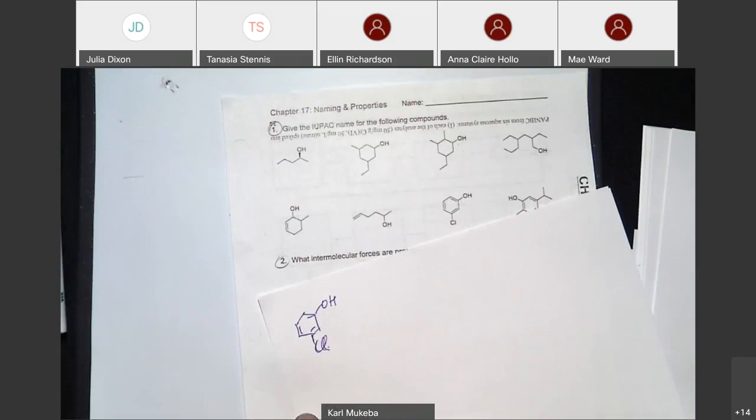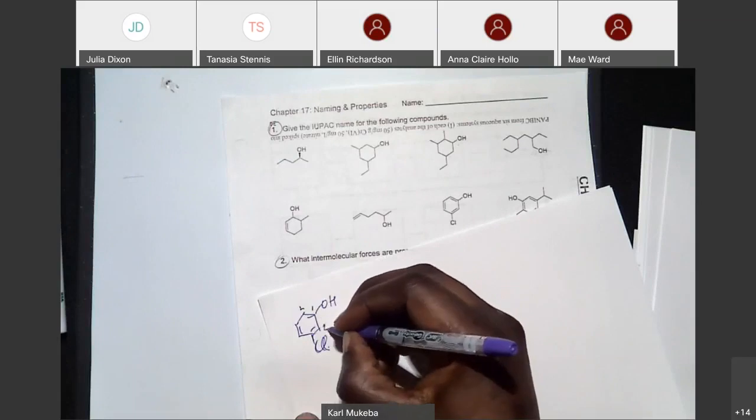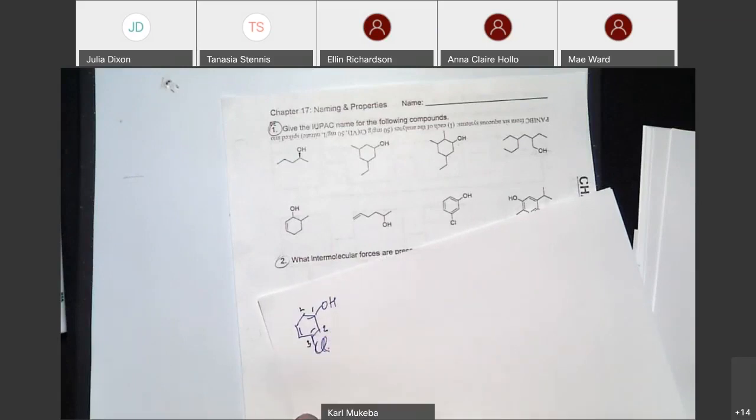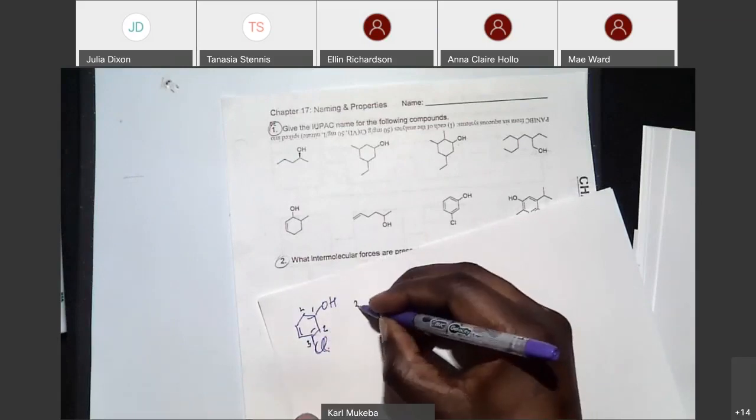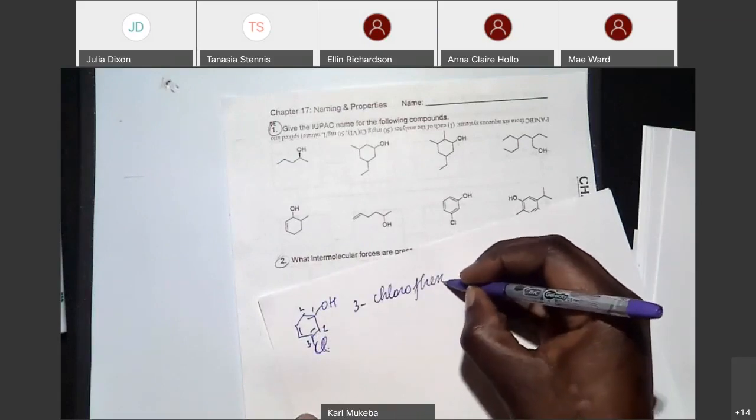So how do we name the compound? We can name it 1, 2, 3. It will be 3-chlorophenol.